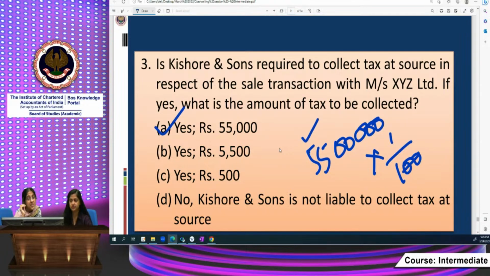Because you have to first see whether it's an item covered under 206C1. Only if it's not covered under 206C1, then you have to see 194Q or 206C1H. If a specific provision is there under 206C1, it will prevail over 194Q or 206C1H, because these are special provisions. 206C1, 1C, 1F, you have to see. If covered under these provisions, they will prevail over 194Q.